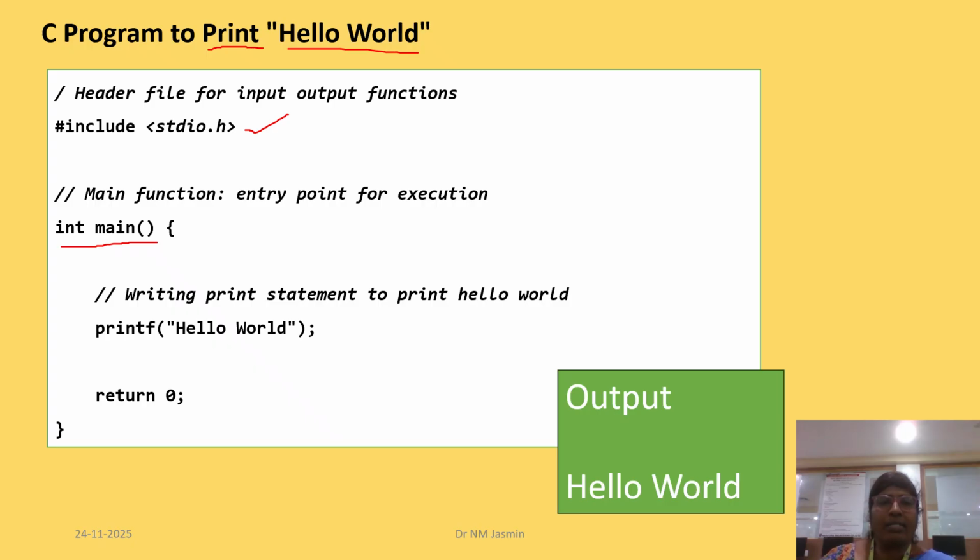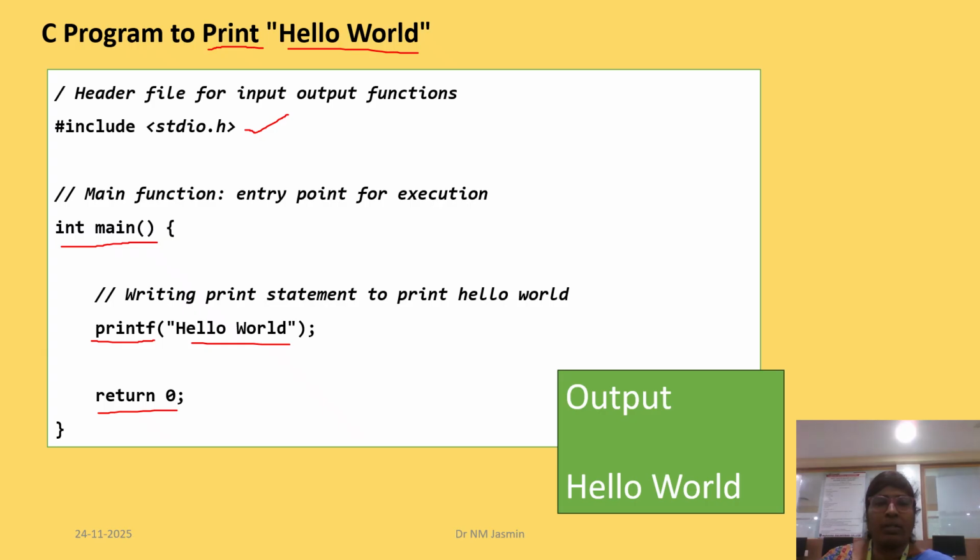Now, to print hello world, I use printf as an output function. All the statements you have to end with a semicolon, and thereby come to return 0. It shows the successful execution of the C program, and close with curly brackets.